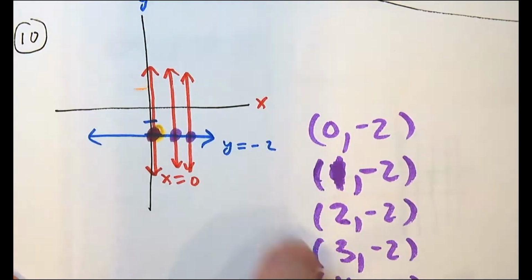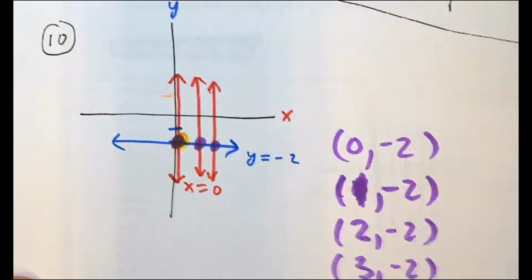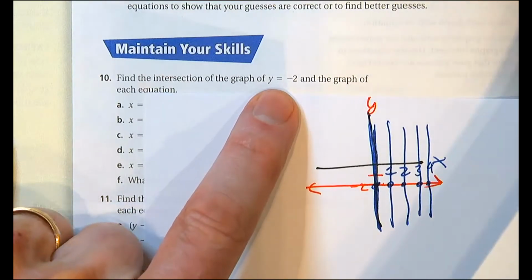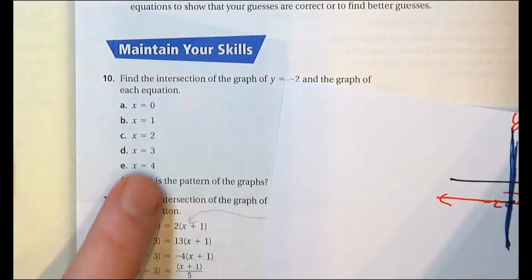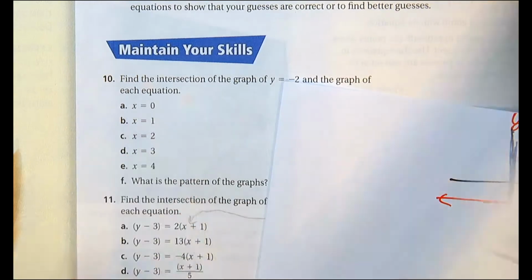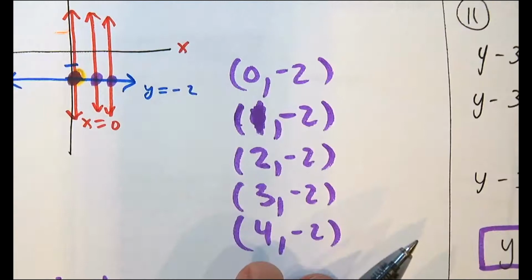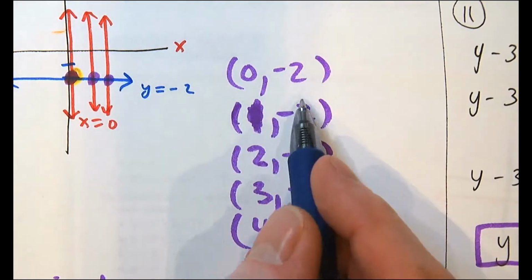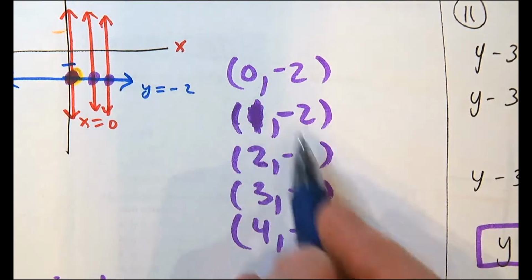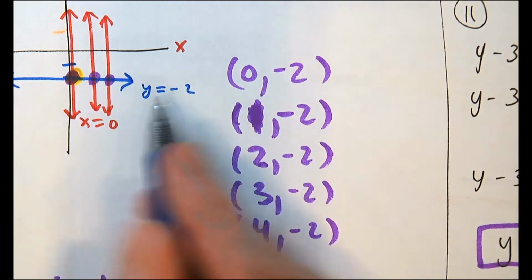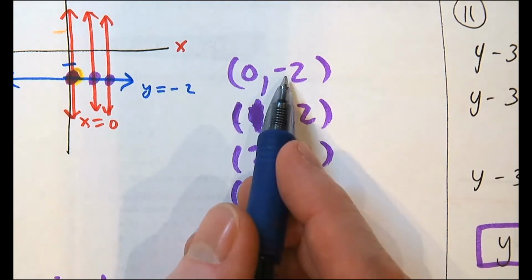In fact, wait a minute, I got a little shortcut here. They told me y is -2, didn't they? And they told me what x is. They said x is 0, then x is 1, and x is 2. If y is -2, don't the intersections always have to be at -2? And if x is 0, they must cross at 0, -2.